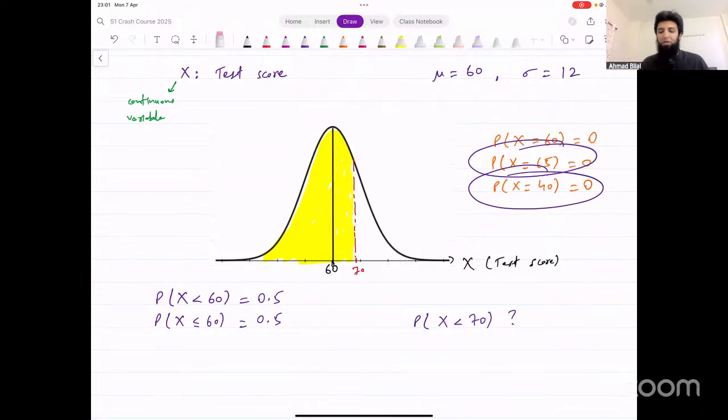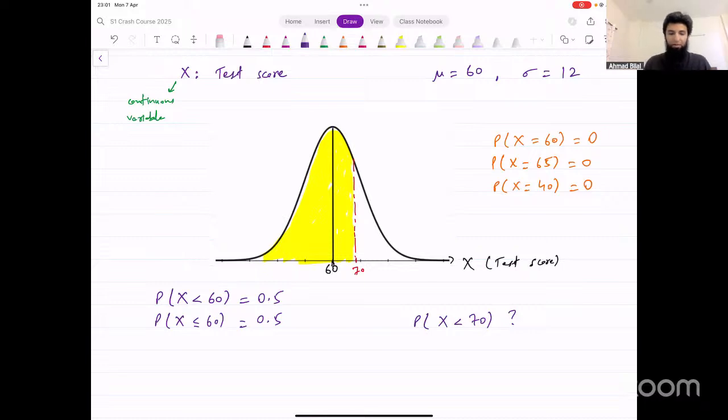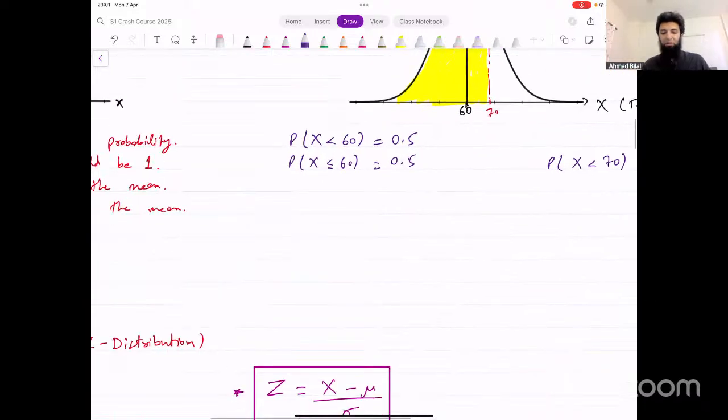We always talk about probabilities of some intervals, probability of the variable being less than something or greater than something.